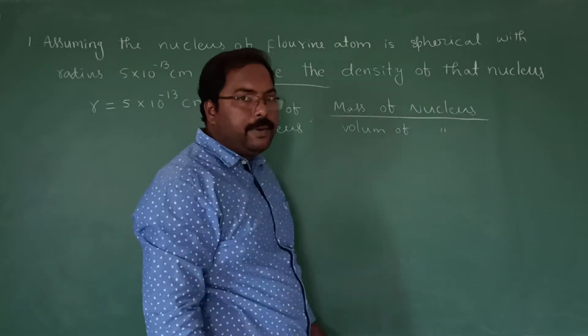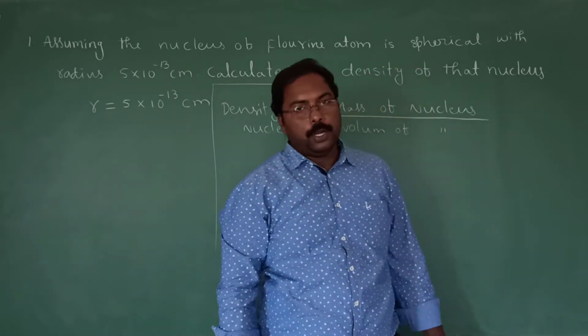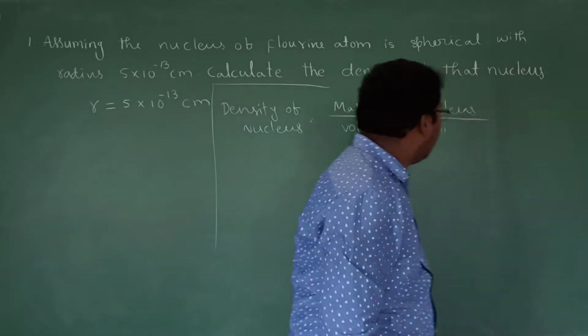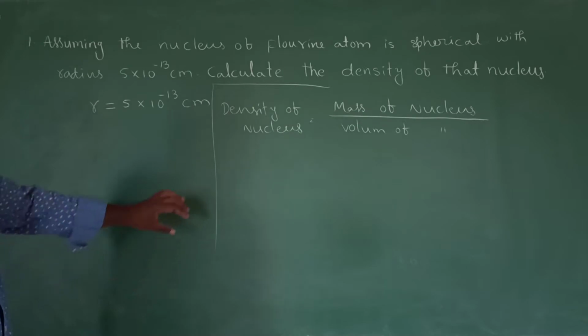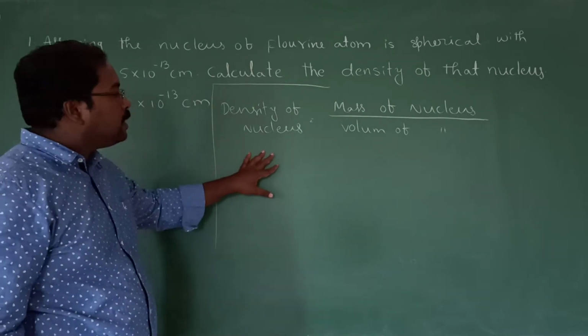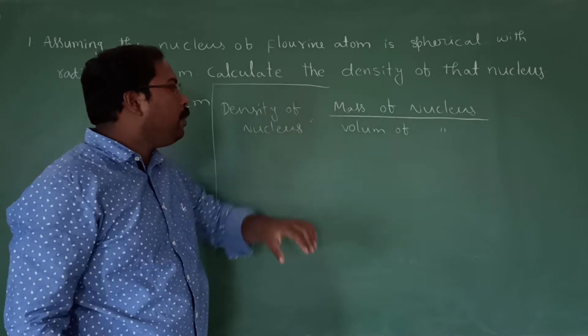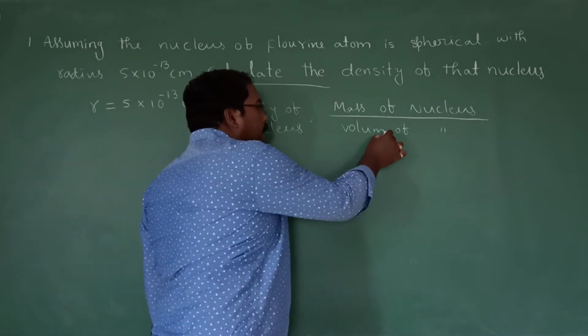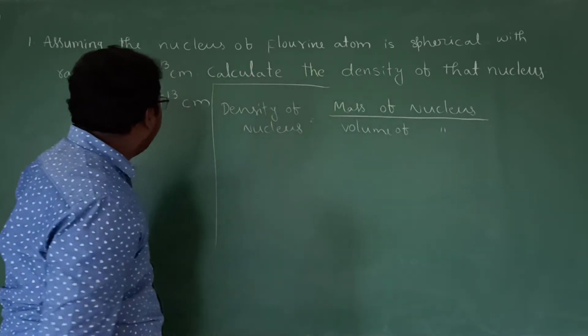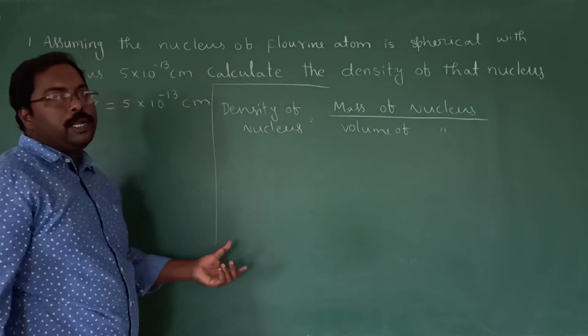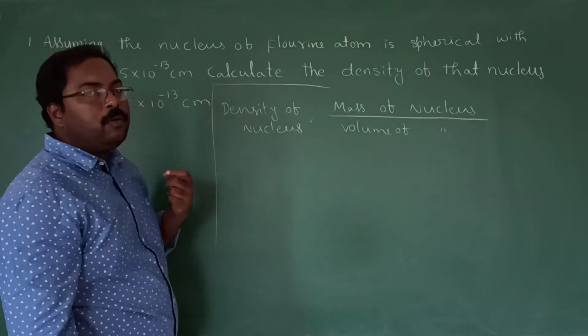Because anyway density means mass by volume. Now for this calculation of density, first we need to know the mass as well as the volume of the nucleus. First of all, the radius we know, so from that we can get the volume.